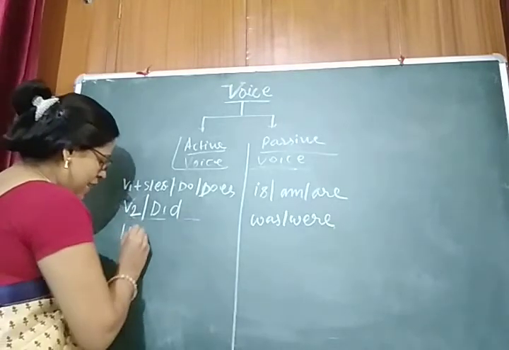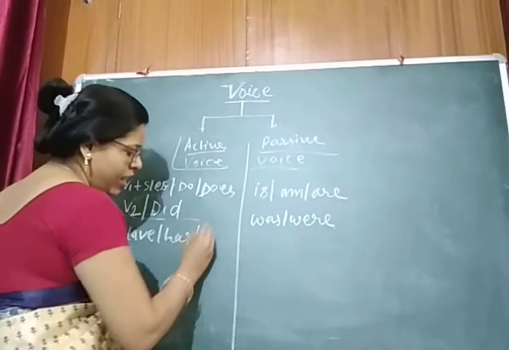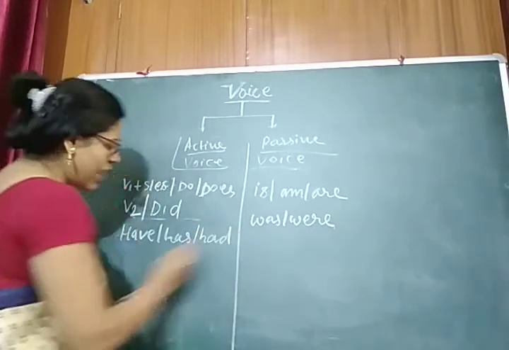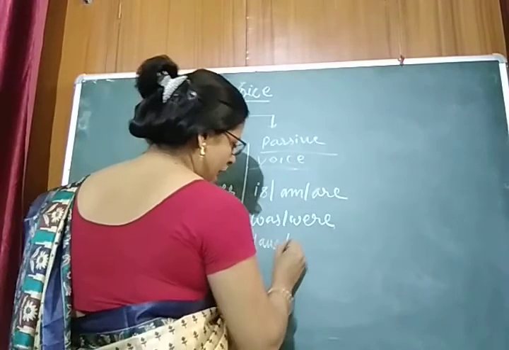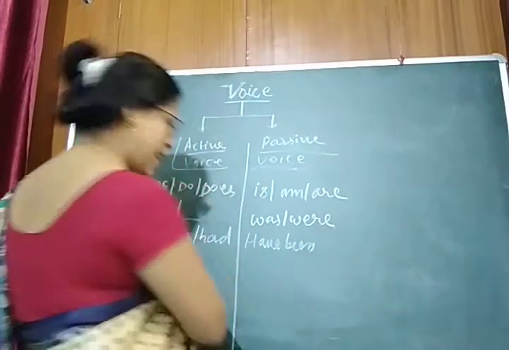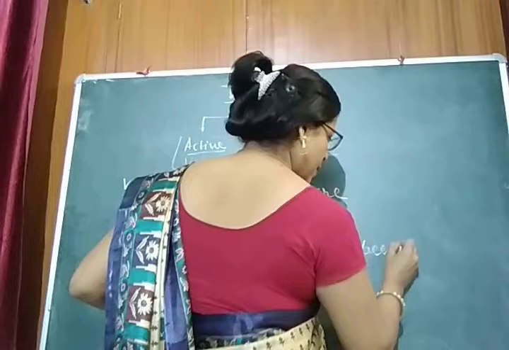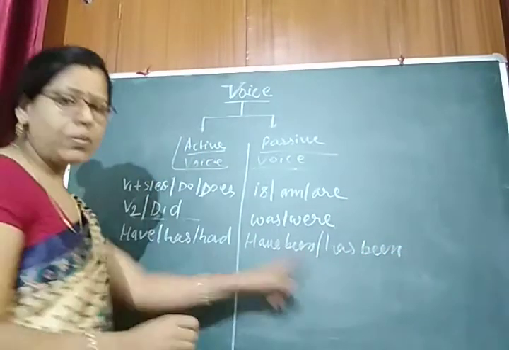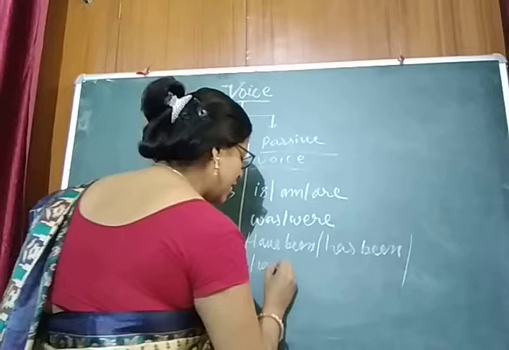If you get anywhere have or has or had, all right, then have will become what? Have been. Has will become what? Has been. And then had will become what? Had will become had been.